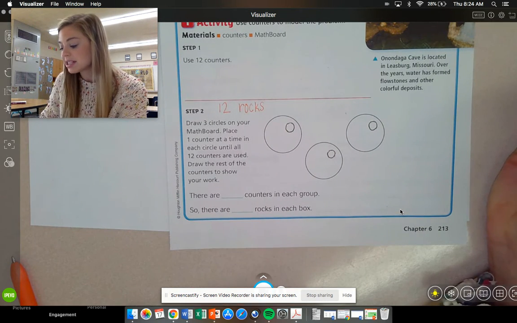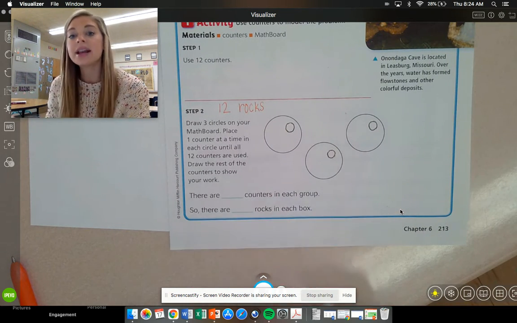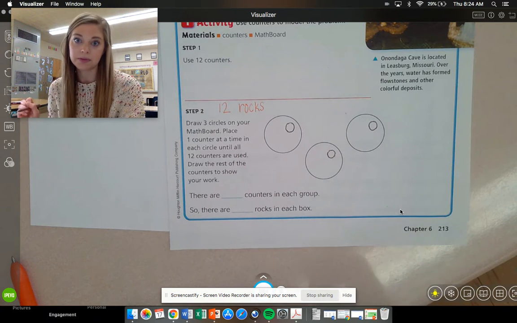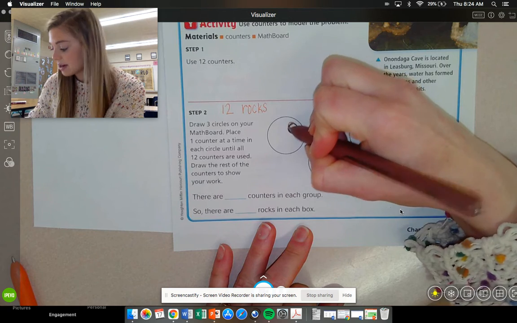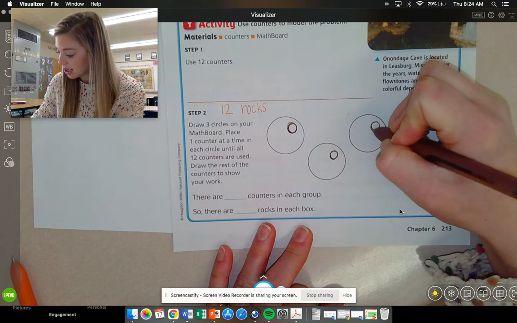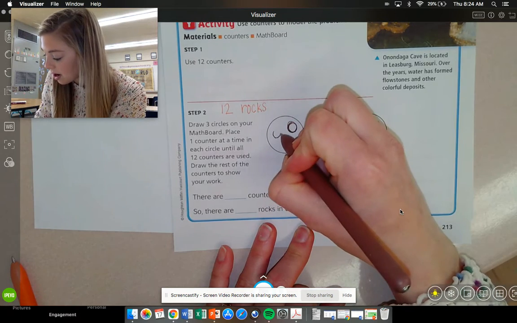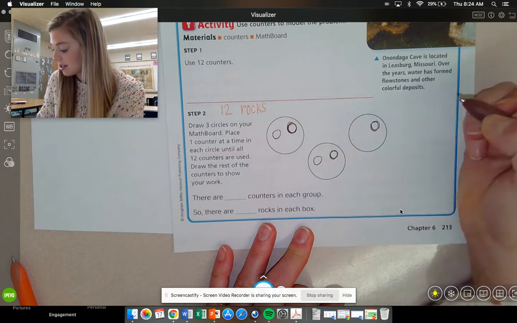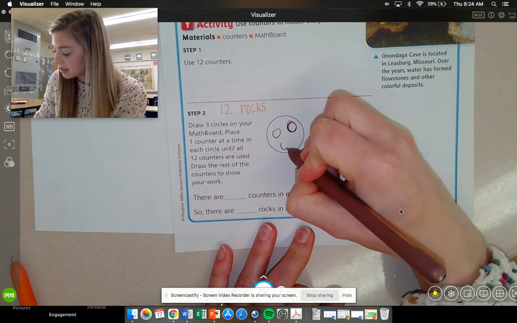And when we do this, we put 1 in each group at one time. So 1 in each group until we get to 12. So we have 1, right? This was 1, 2, 3. Now I'm going to go back over here. 4, 5, 6, 7.